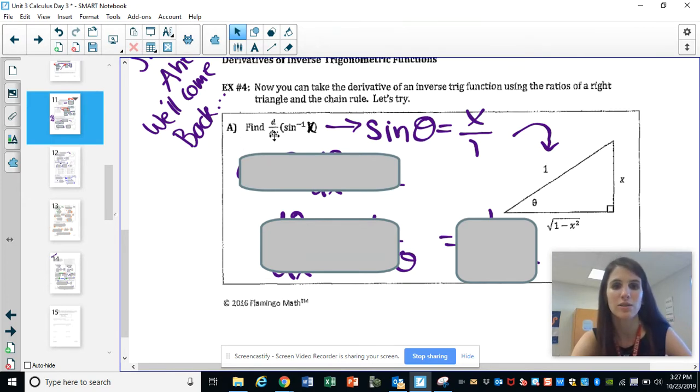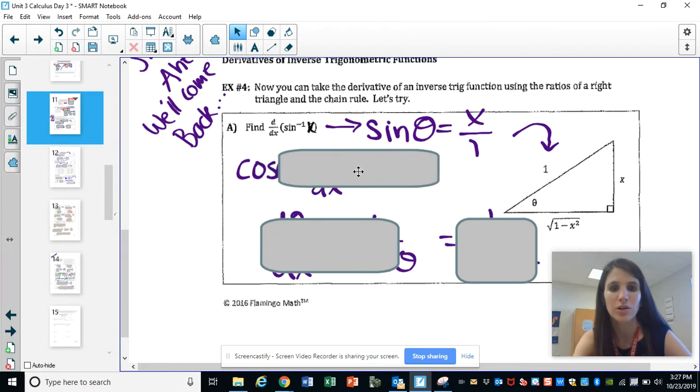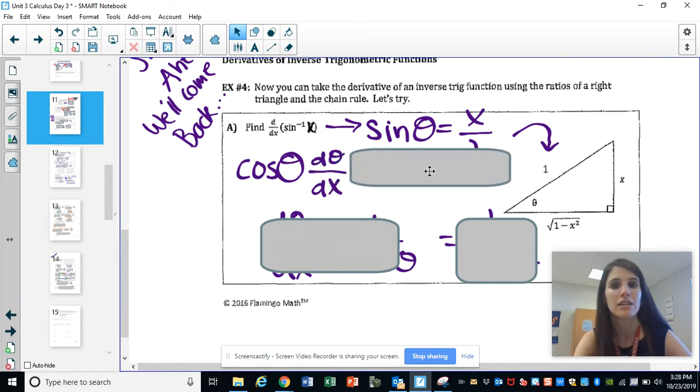What we're going to do now is take the derivative. So we're finding the derivative of sine inverse of x. To do this, we're going to take the derivative over here. What is the derivative of sine? Well, we know it's cosine, and we're taking the derivative of cosine theta, which is not x, so we have to add on a d theta dx.